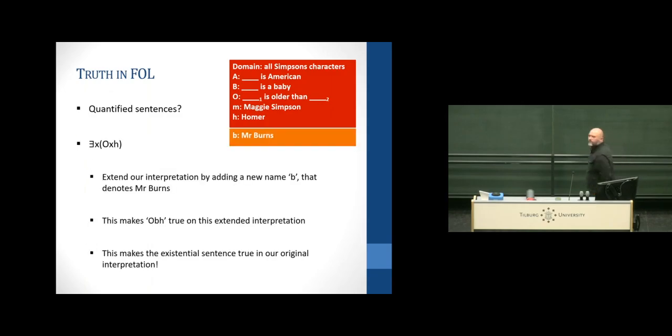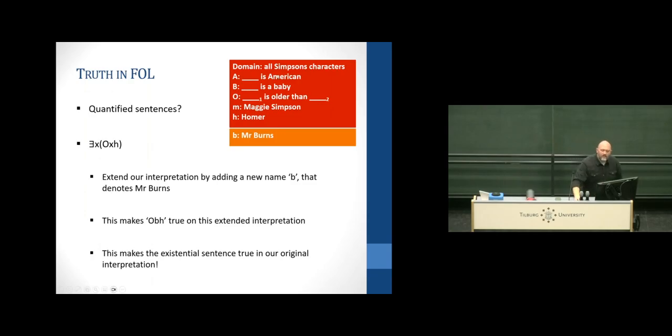So for our first one, we have the existential quantifier, and we're going to figure out whether it's true or false by seeing, hey, is there some way that we could extend our interpretation, that is, add a name for something we know is already in the domain, and when we extend our interpretation, we then have an object or a name we can plug in. So easy, sure.